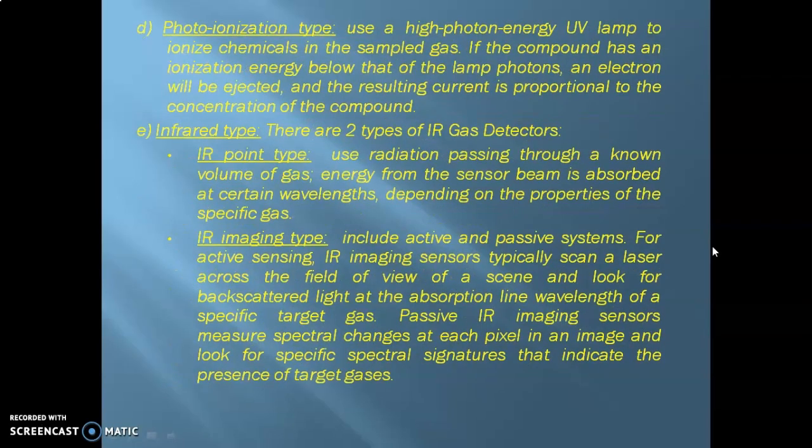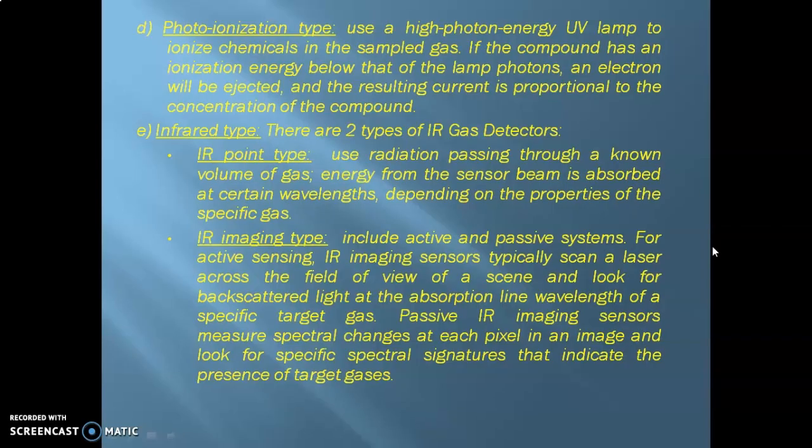Now moving on, let's talk about the next type of gas detector, that is the photoionization type of gas detectors. Now, these kind of gas detectors usually use a high photon energy UV lamp that is present within the gas detectors to ionize the sample gases that are present within the gas detectors.